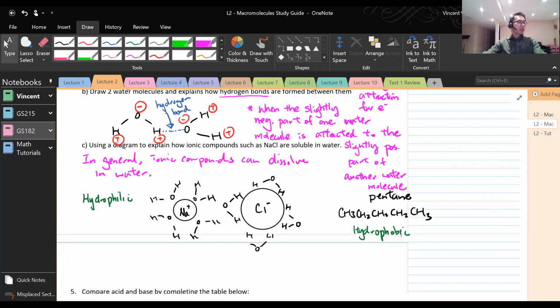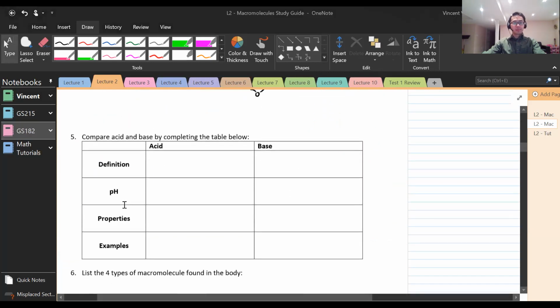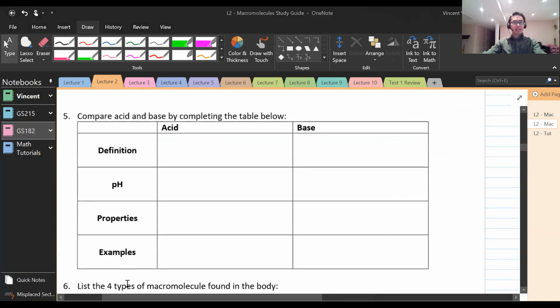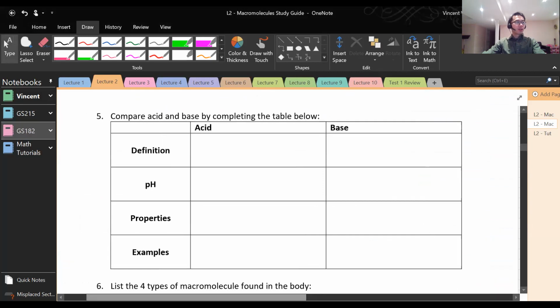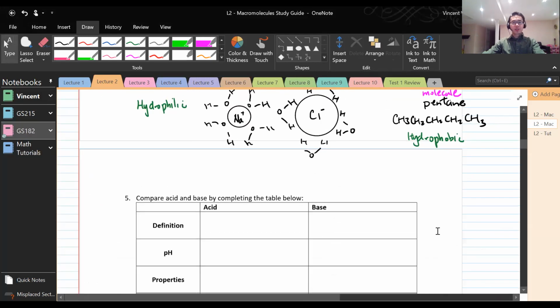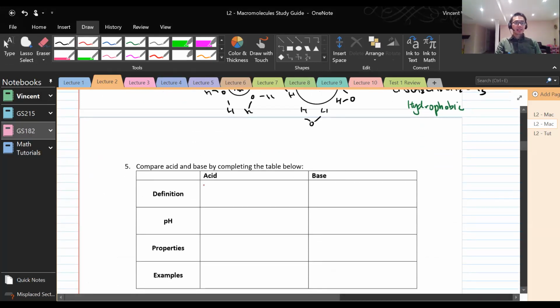Just a little bit more chemistry. Compare acid and base by completing the following table. We're just going to go with a very simple definition of acid. An acid is basically able to produce H plus when dissolved in water. They can come in a little powder form.